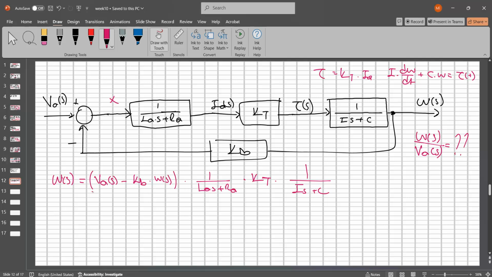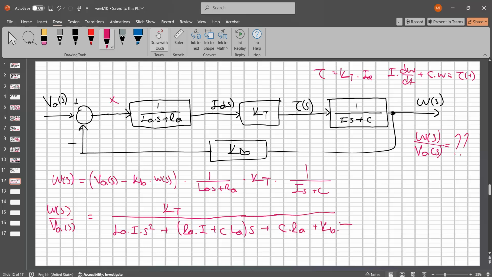And so if you solve this equation, this is your homework, you can reach this equation, just like this one: KT divided by LAIS squared plus RAI plus CLAS plus CRA plus KB times KT.